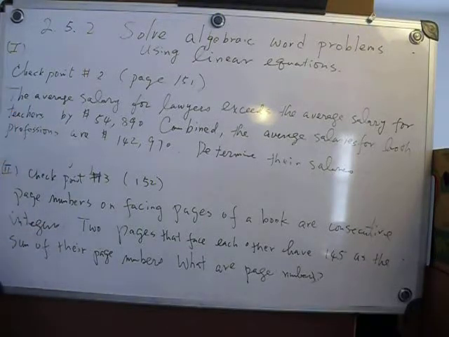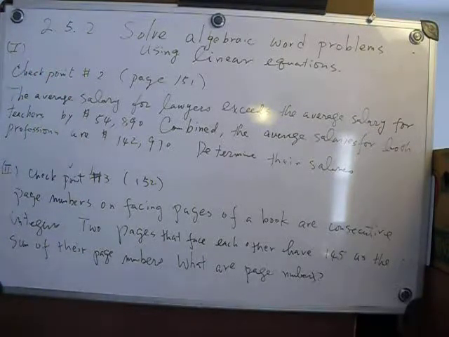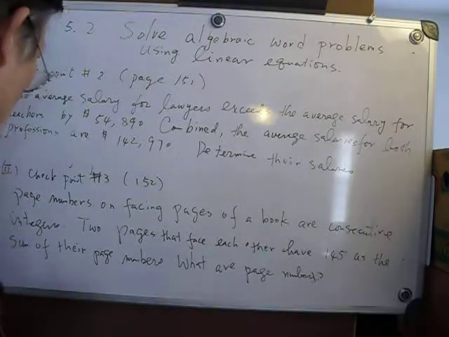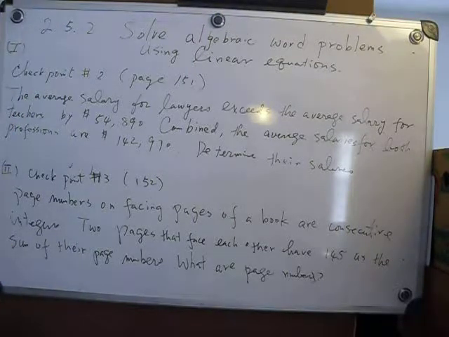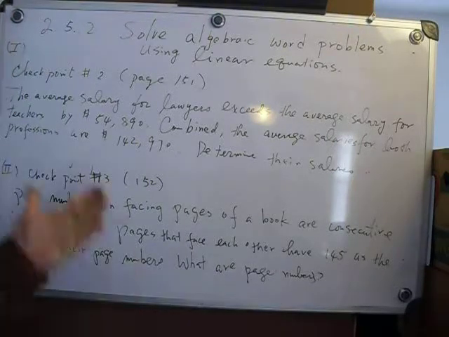Okay, for now we want to use two examples here. Checkpoint in the textbook, checkpoint number 2, page 151. Understanding the problem. The average salary for lawyers exceeds the average salary for elementary teachers.